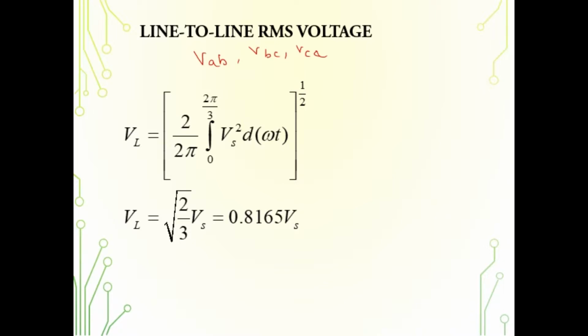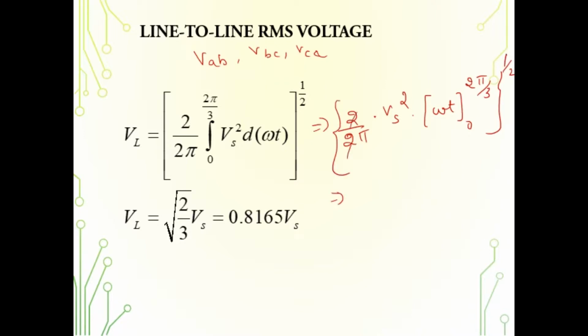If we simplify, we get 2 by 2 pi Vs square. Integration of d omega t is omega t, over the interval 0 to 2 pi by 3, this whole thing within the root, so that the 2 and 2 get cancelled.